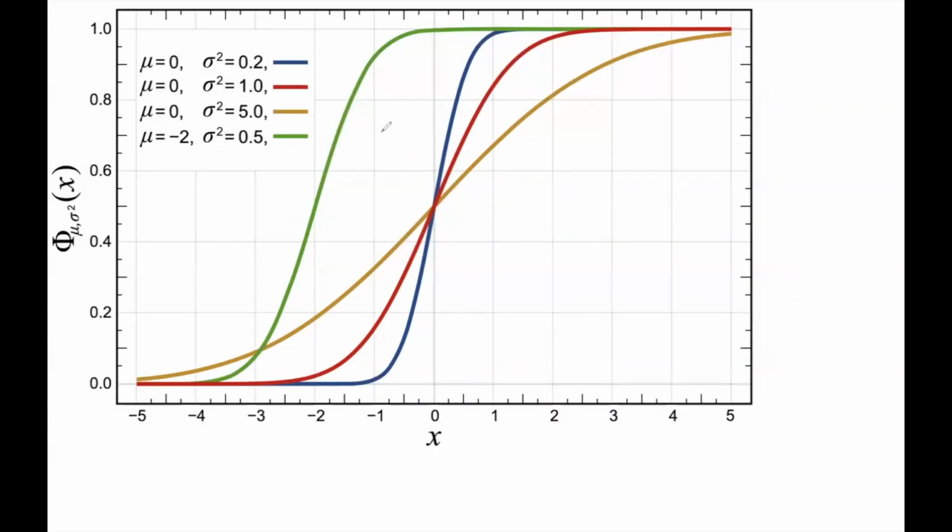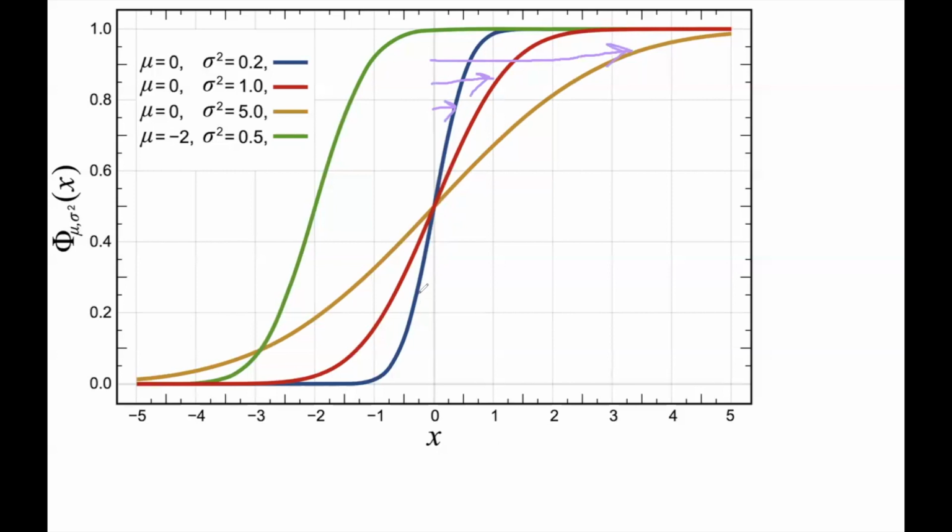Having said that, the other important thing to note is variance. Let's say for this blue curve, the variance is this much. For this red curve, the variance is this much. And for this yellow curve, the variance is this much. Similarly, on this side also.